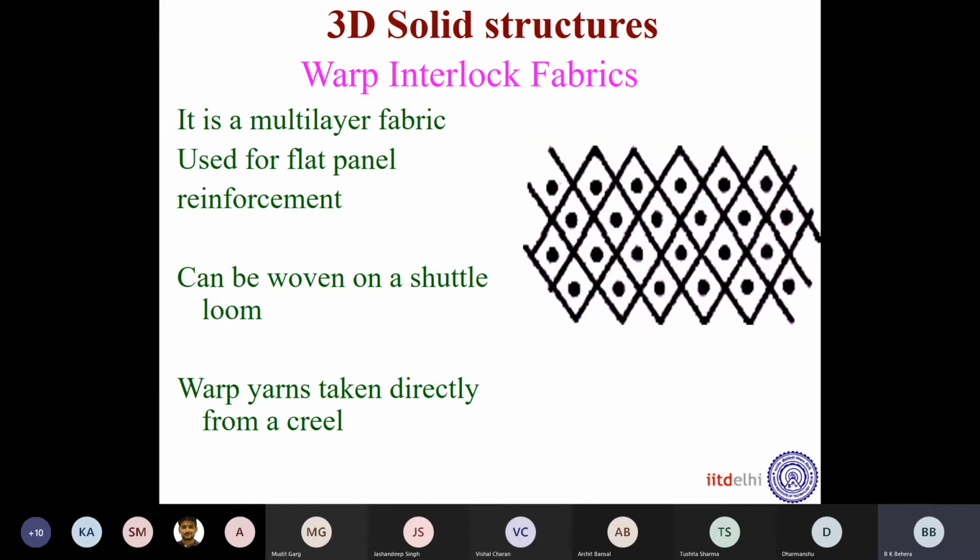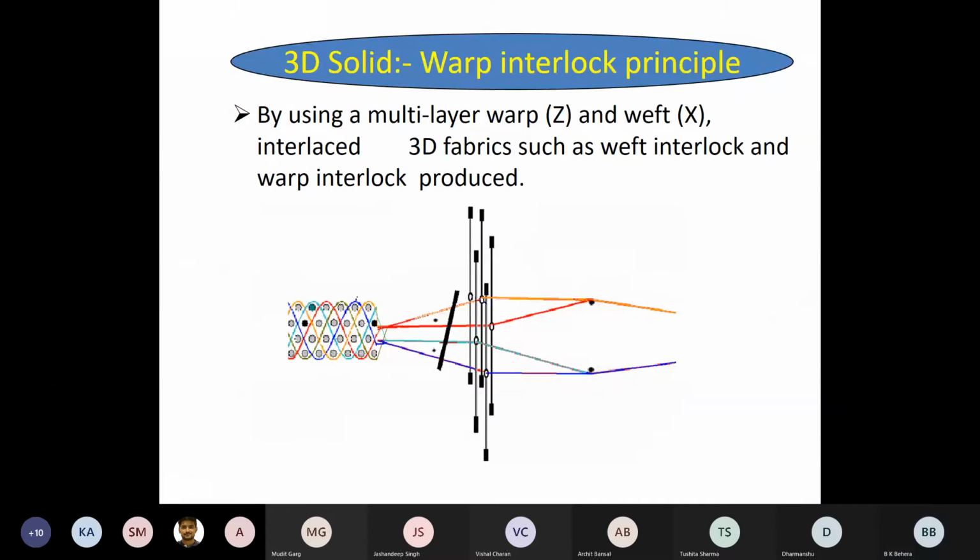When you are in the 3D lab particularly, not in our weaving lab, in the 3D lab, you can have a look at this machine, how the yarns are coming from the creel for weaving. In normal weaving, we take yarn from a beam. I have already shown you last class how the yarns are coming from a creel, and so this is how this structure is produced. This is a warp interlock structure.